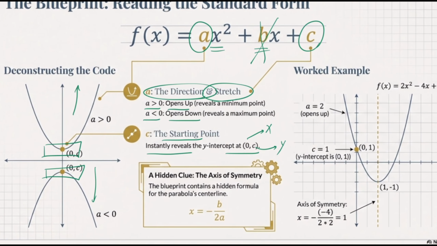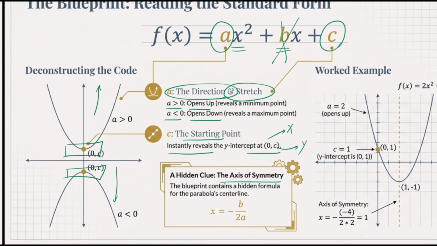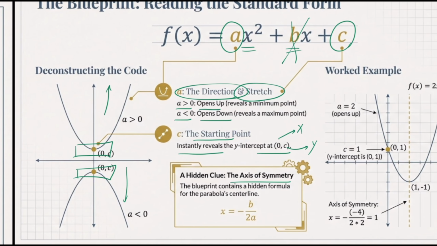Another thing that we have to know, which is going to help us, is the axis of symmetry. As you can see over here, these two drawings are completely symmetrical. If I would like to find the actual axis that is going to act as a mirror, so that any number over here is going to be reflected exactly on the other side, I can use a very simple formula. The x side of that specific axis, or mirror, is going to be negative b over 2a.